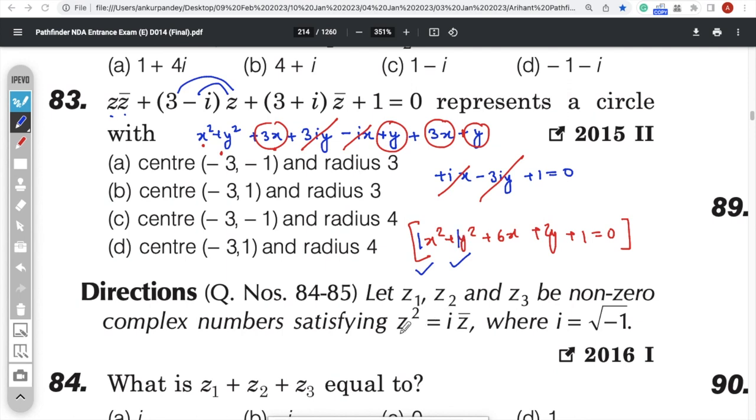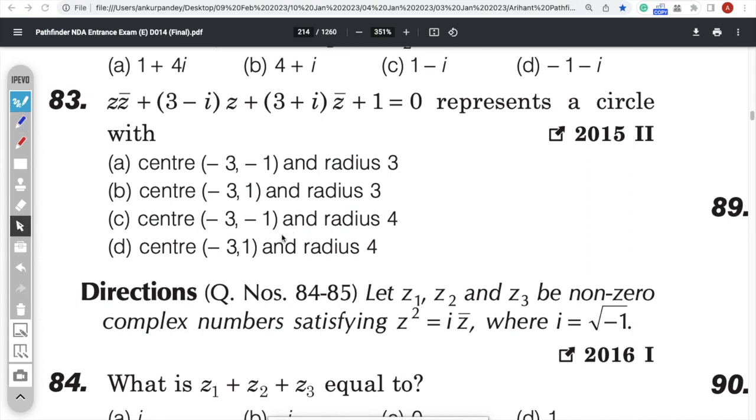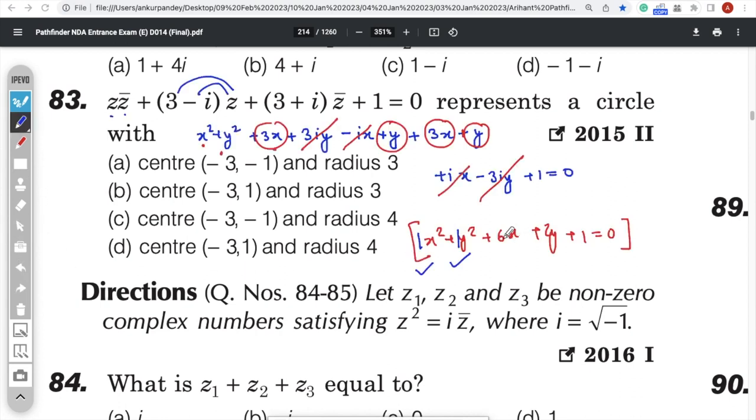Yes, sir. Sure. I will teach you how to find the center, don't worry. If you want to learn it now, the way is very easy. Whatever is the coefficient of x and coefficient of y, take half and change the sign.